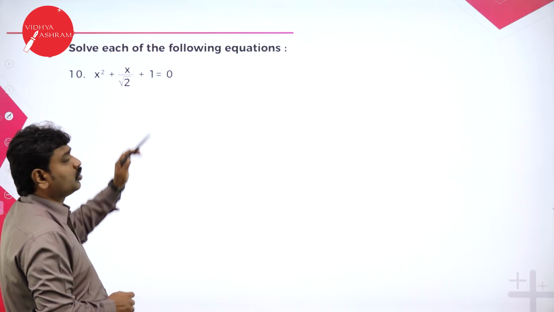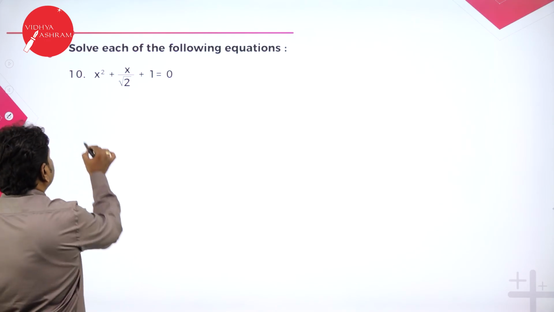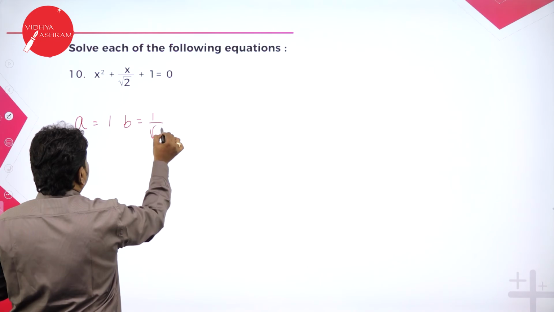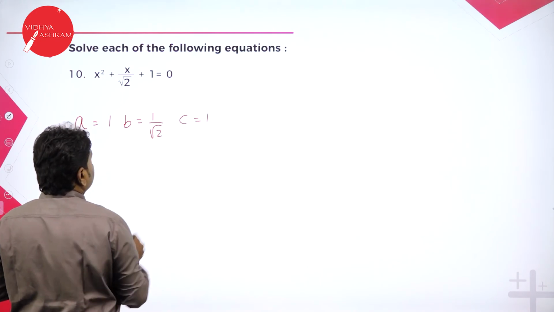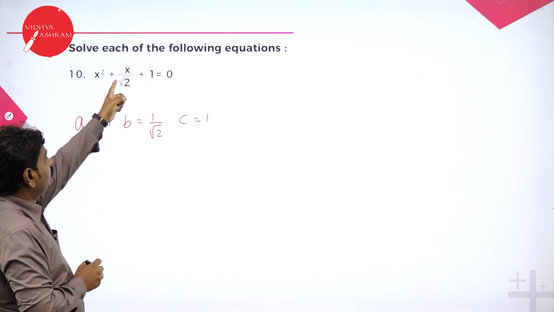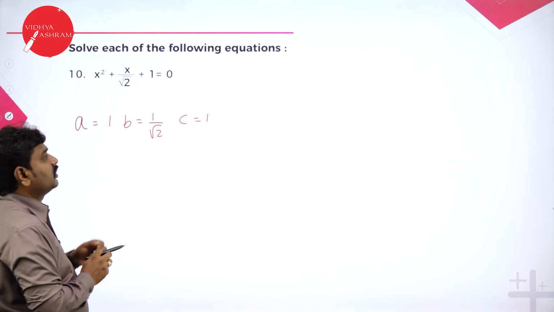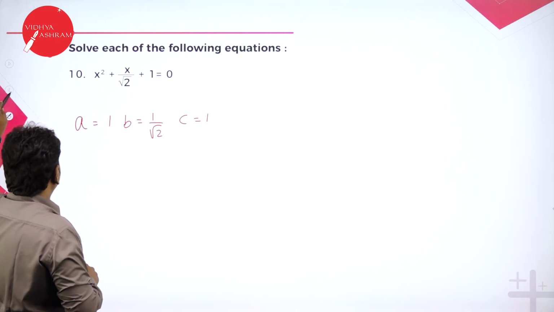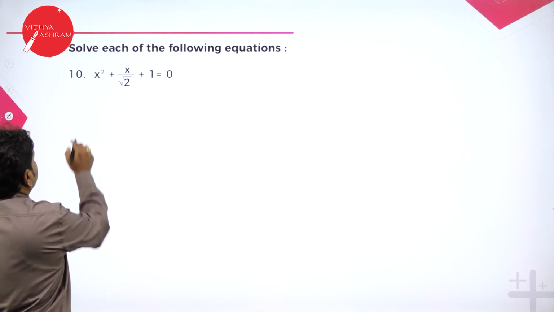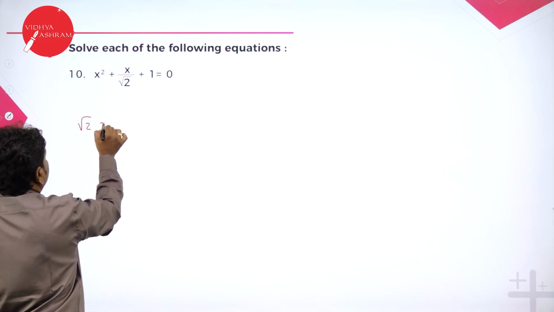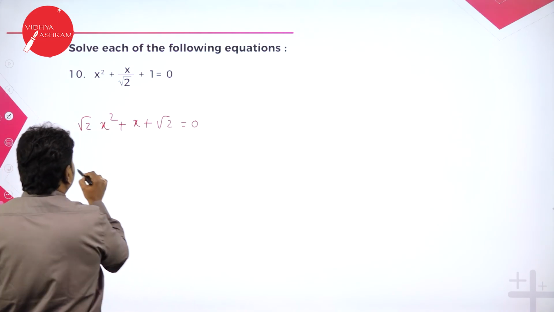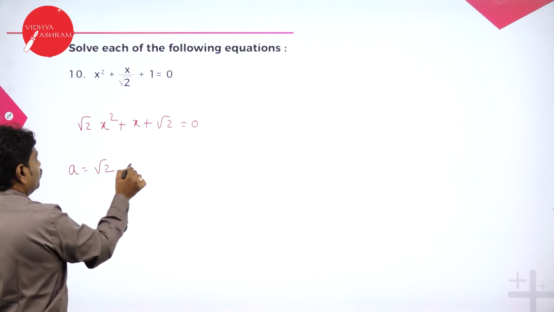Same, multiply by root 2 on both sides, or without multiplication take a is 1, b is 1 by root 2, c is 1. Or you multiply by root 2, it will become root 2 x square plus x plus root 2 equal to 0. You can also directly take abc and solve. Now what is a? Root 2. What is b? 1.